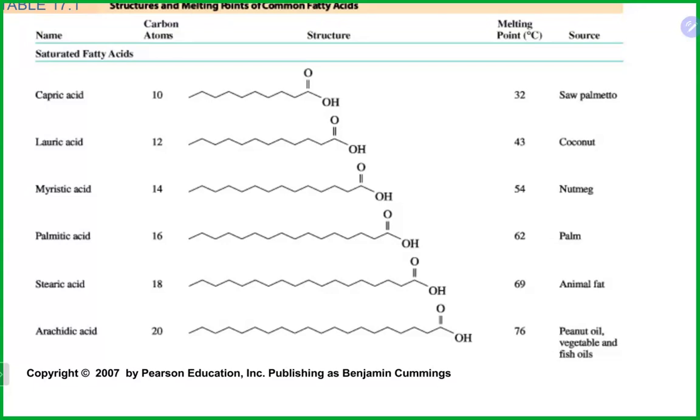So, for example, this one would be referred to as a 10:0 fatty acid. 10 is how many carbons, and 0 is how many double bonds. If we come down here to this one, this would be referred to as an 18:0 fatty acid.